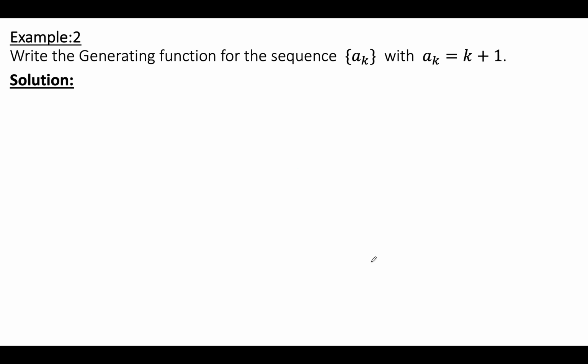Alright, let's see another example. We need to find the generating function for the sequence a_k if a_k is equal to k plus 1. Again, we start from the summation form. From the summation form, we say that G(x) is equal to the sum from 0 until infinity of a_k x to the power k.